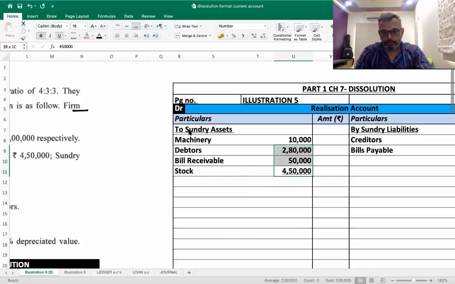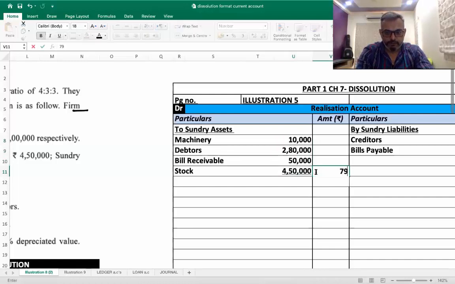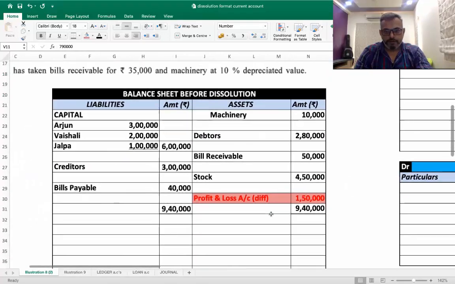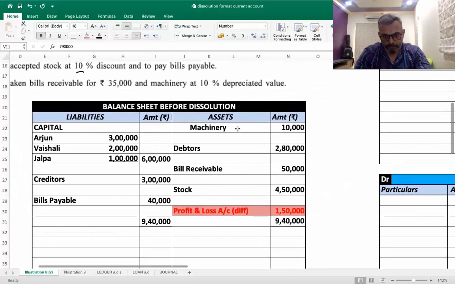Do the total. Total comes to 7,90,000. So now you can see assets all done.